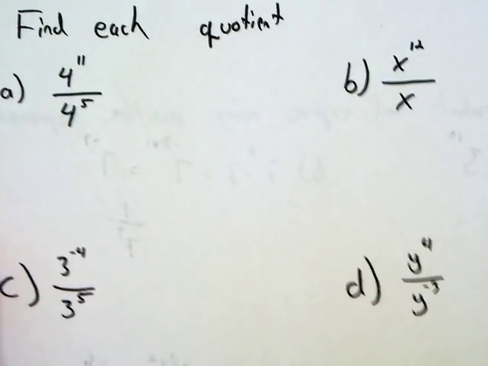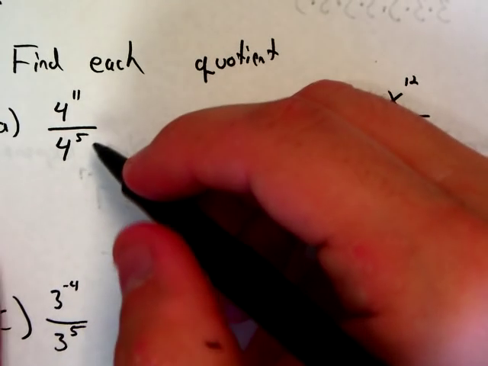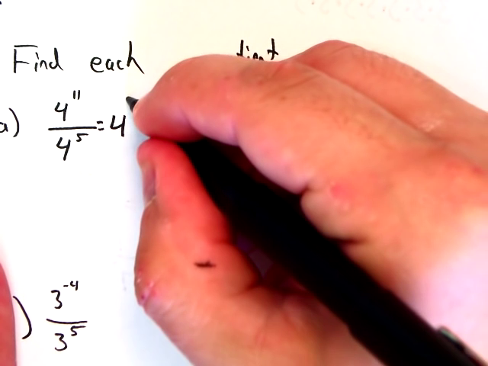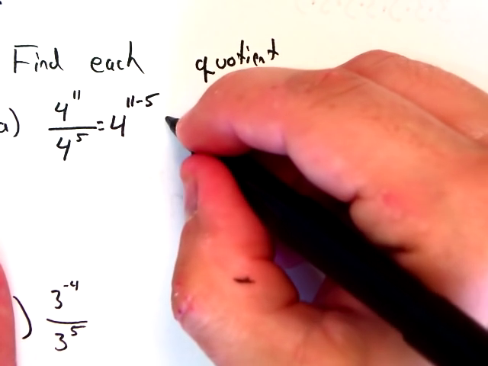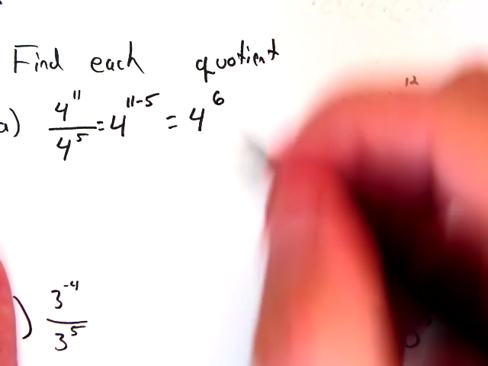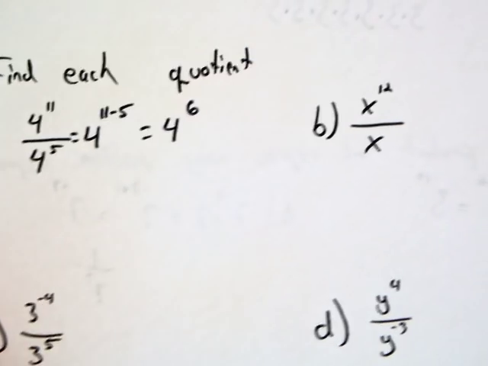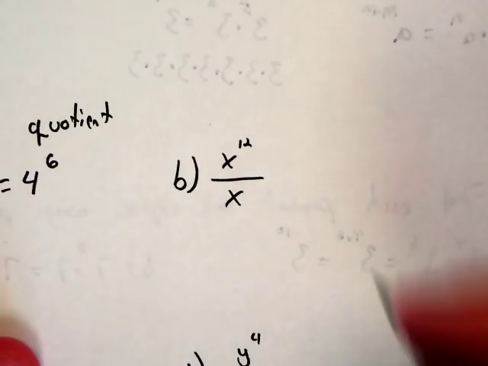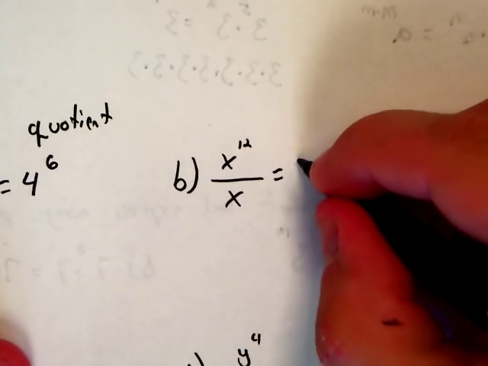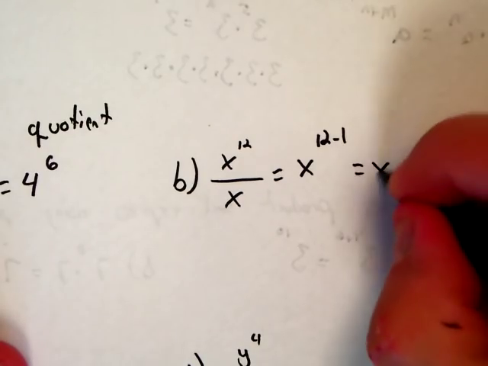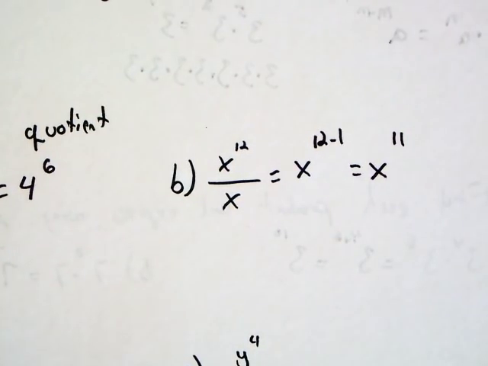Let's go through some examples. So 4 to the 11th divided by 4 to the 5th. This is 4 to the 11 minus 5, which would be 4 to the 6th. Letter B, x to the 12th divided by x is x to the 12 minus 1, which is x to the 11th.